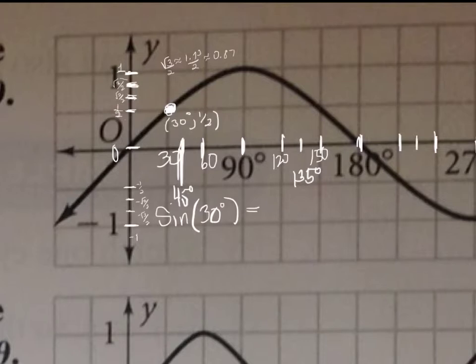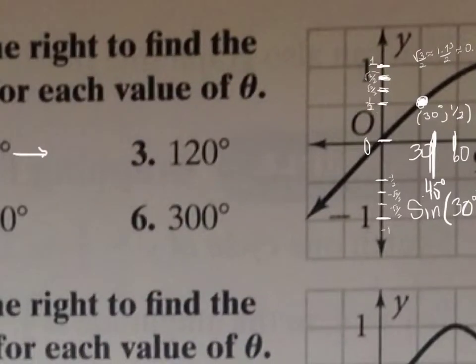Right here. Right where? Oh, okay. So it's this line right there. So where do I go for the y? Up. Which official value is it? Root 2 over 2. Okay. So we already did that one.